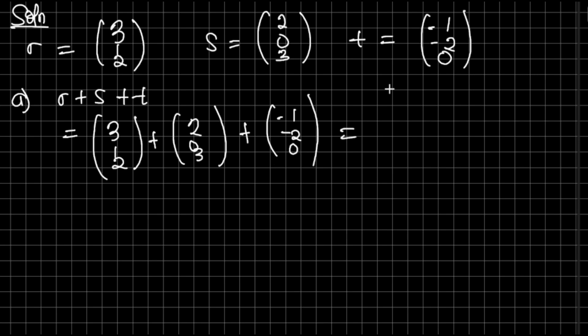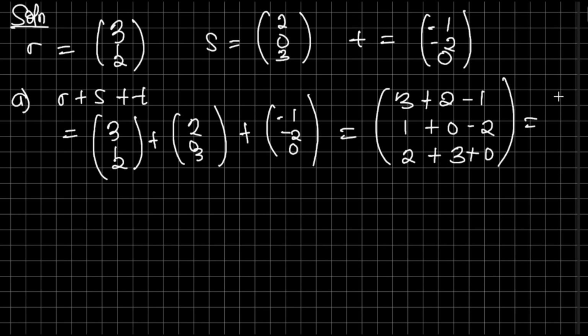That is (3, 1, 2) plus (2, 0, 3) plus (-1, -2, 0). That is basically 3 plus 2 minus 1, 1 plus 0 minus 2, 2 plus 3 plus 0, which equals (4, -1, 5). And that is what we have.